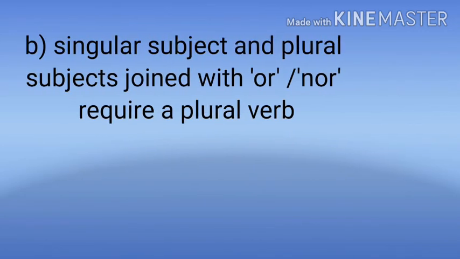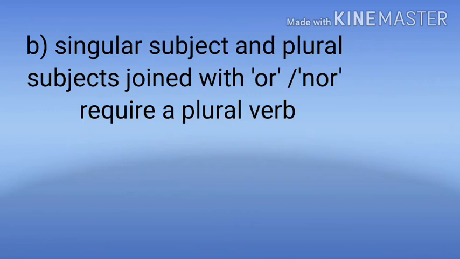In the second case, a singular subject and plural subjects joined with "or" or "nor" require a plural verb. That means a single subject is joined with plural subjects with "or" or "nor." In that case, we have to use a plural verb.